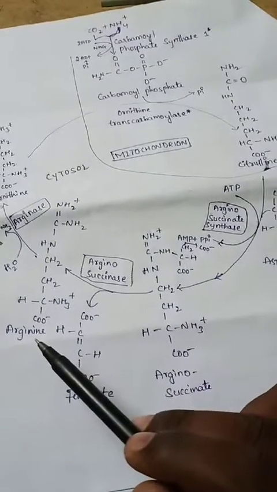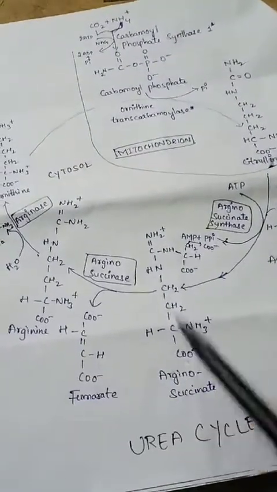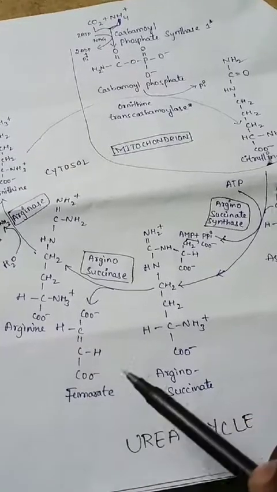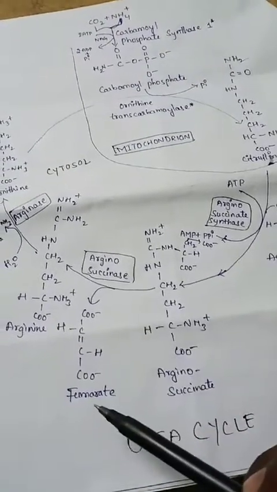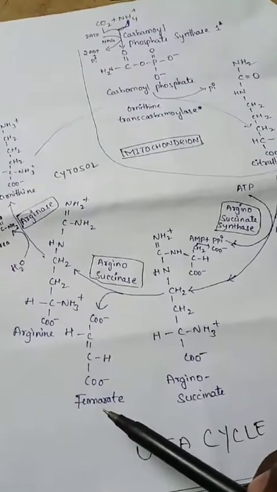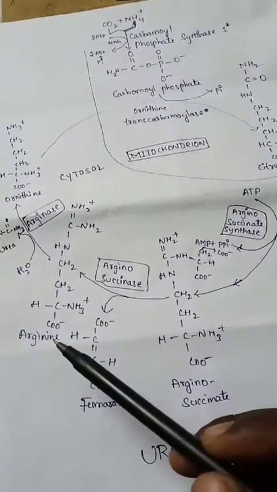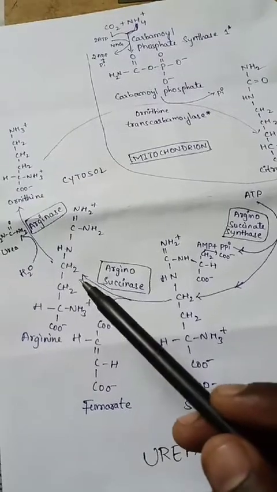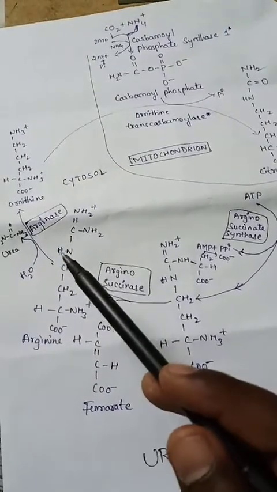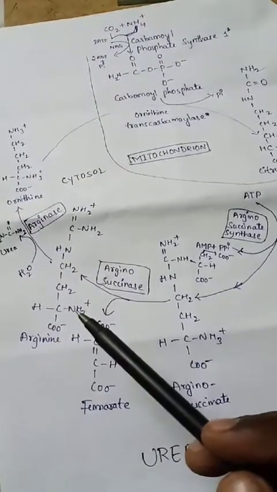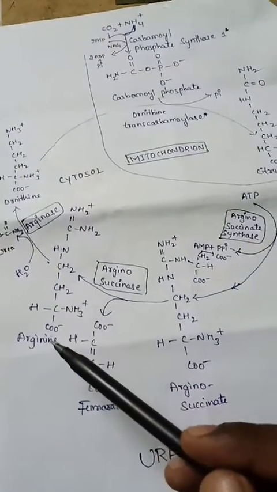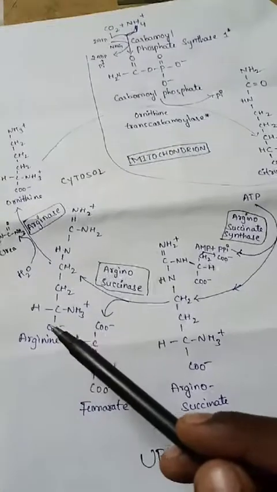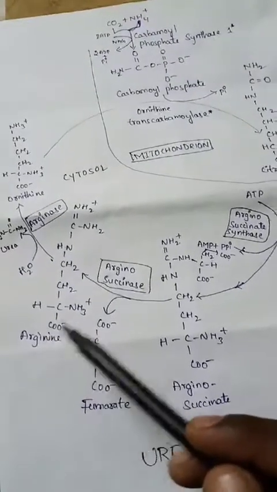It produces arginine, with fumarate eliminated. So the arginine contains how many amine groups? 1, 2, 3, 4 amine groups, and 1, 2, 3, 4, 5 carbons. How many carboxylic groups? 1 carboxylic group. So this is known as arginine.